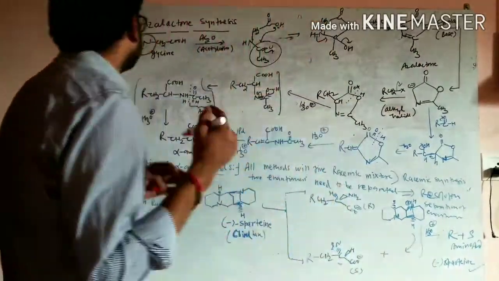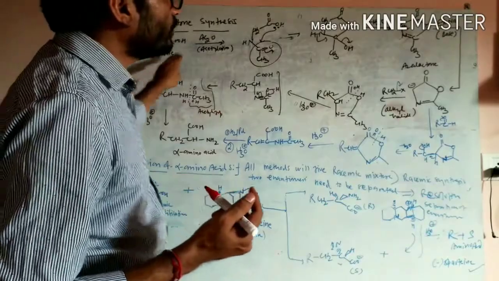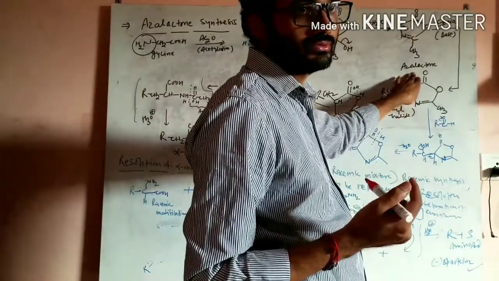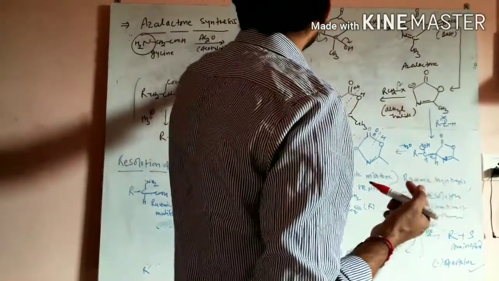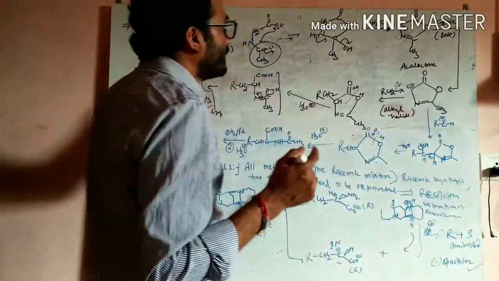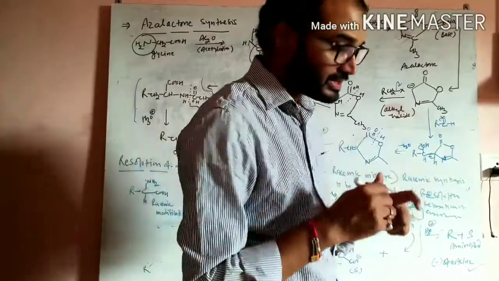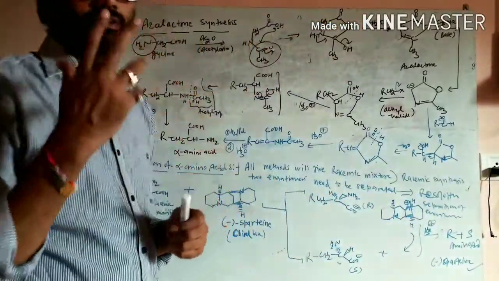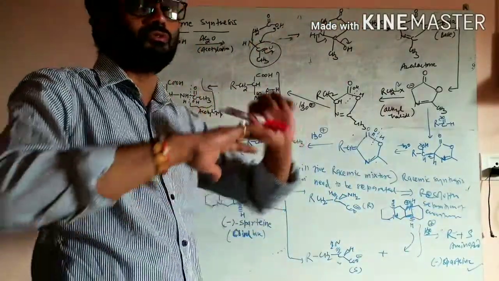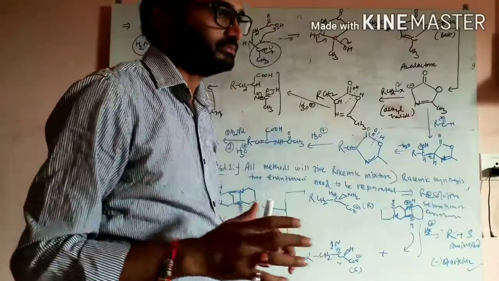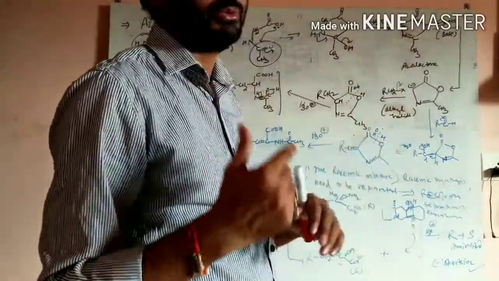So once you acetylate this glycine molecule, you always get this azlactone. You will not get these intermediates. So acetylation of glycine always leads to the formation of this azlactone. Now this azlactone will serve as an intermediate for the formation of a variety of other alpha amino acids.